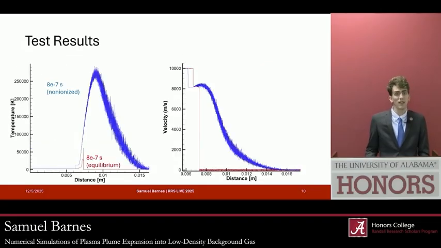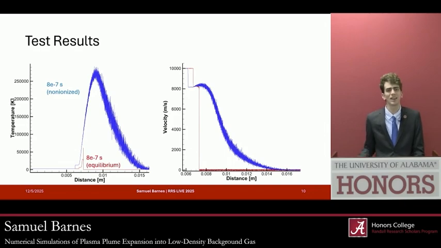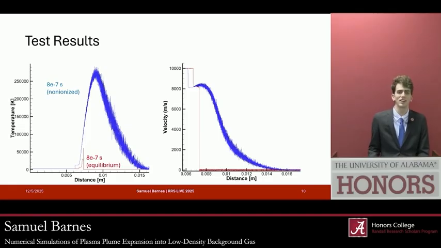So these are the important simulation test results, where we see that the temperature of the non-ionized plume is a lot higher and a lot more broad, there's this kind of big fan or wave of the results there, and the equilibrium has a very small temperature rise, at least in comparison to the non-ionized simulation.